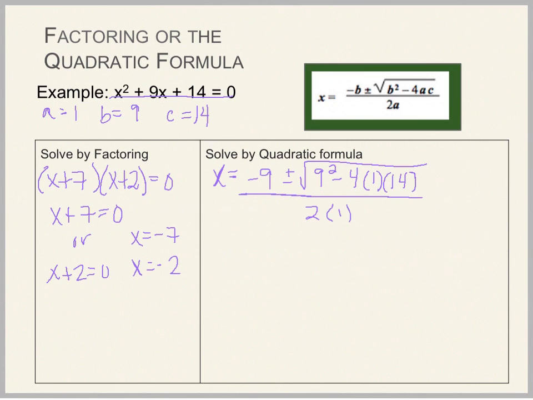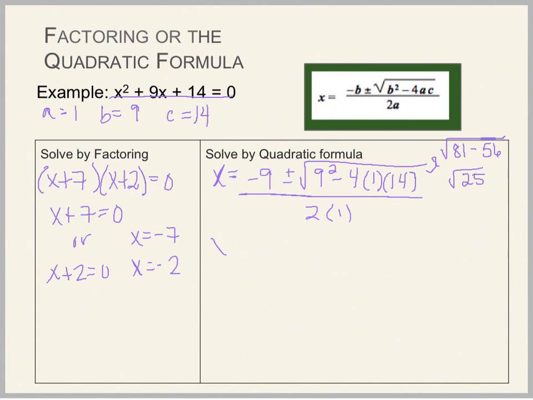We can simplify what's under the square root. Under the square root, we have 9 squared, which is 81, minus 4 times 1 times 14, which is 56, or the square root of 25.